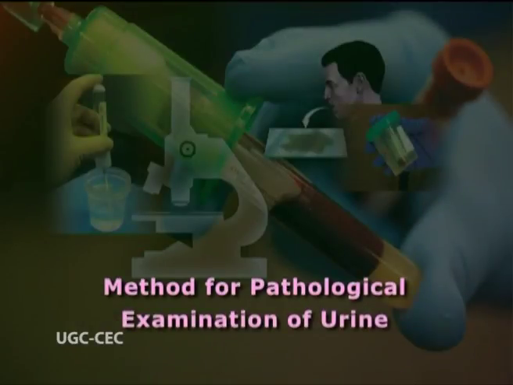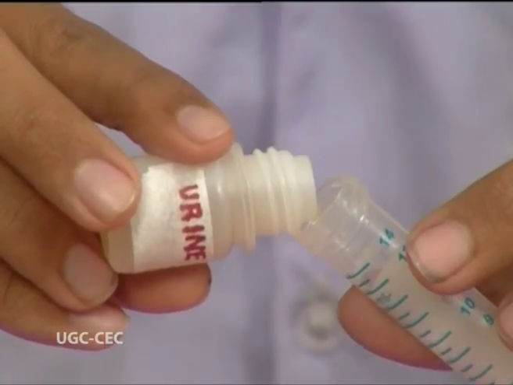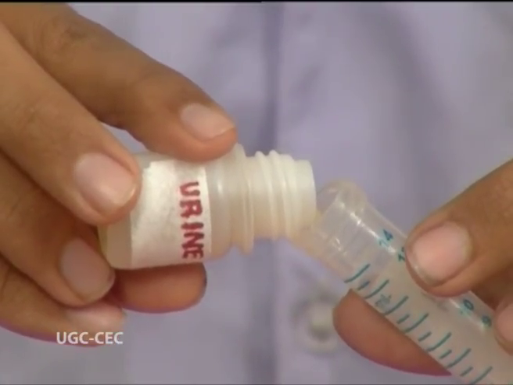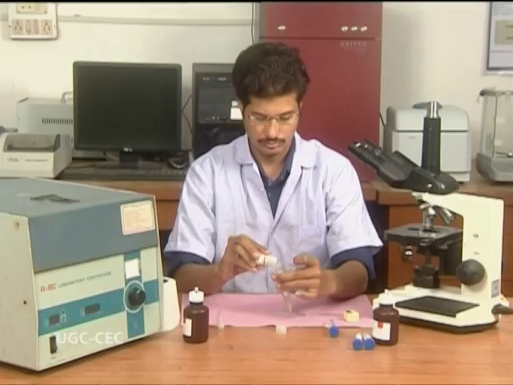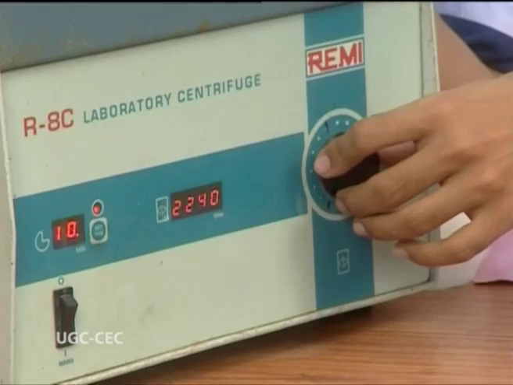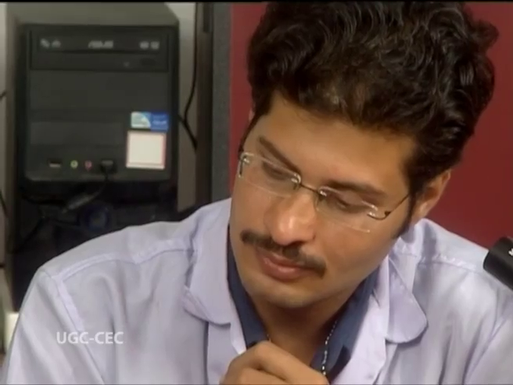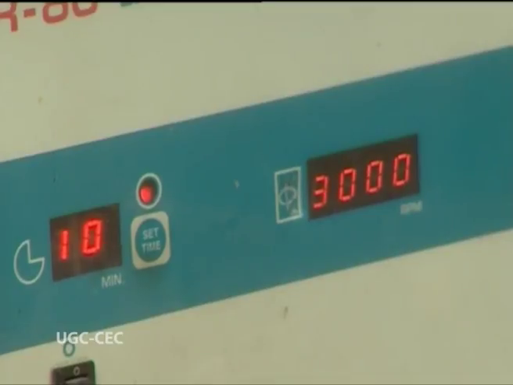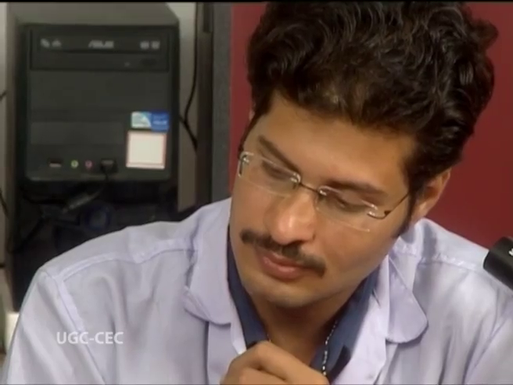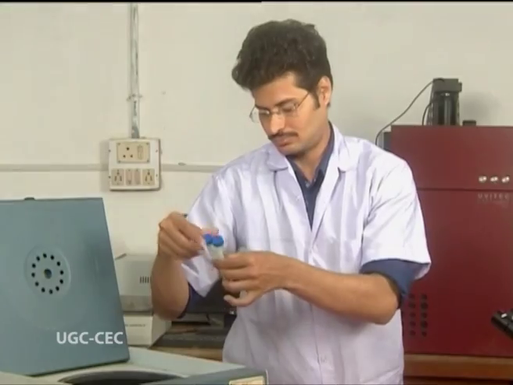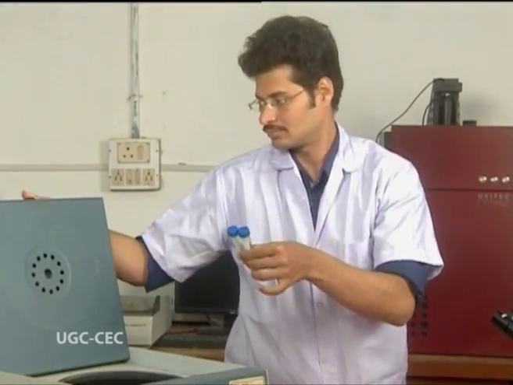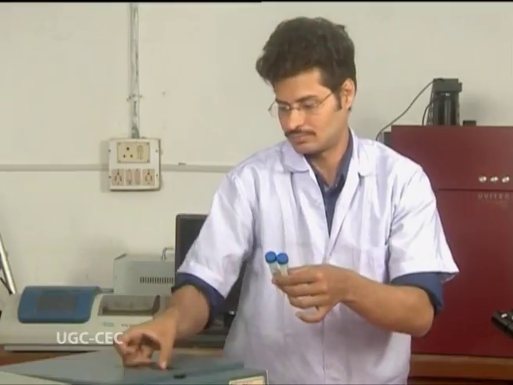Method for pathological examination of urine. A sample of well mixed urine, usually 10 to 15 ml, is centrifuged in a test tube at a relatively low speed of about 3000 rpm for 5 to 10 minutes until a moderately cohesive button is produced at the bottom of the test tube.